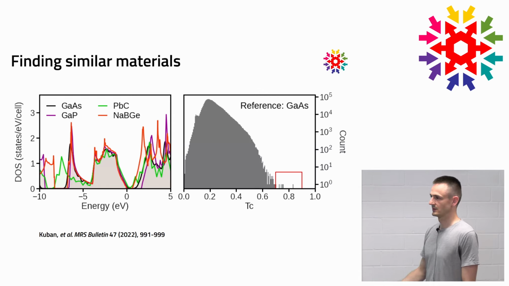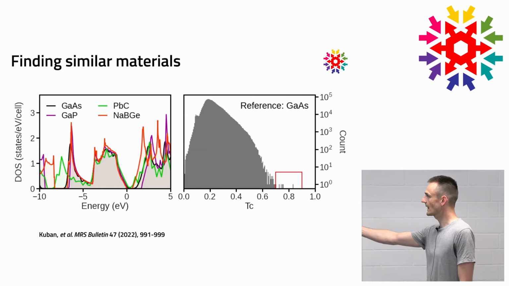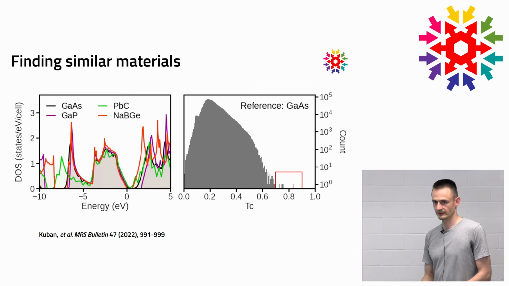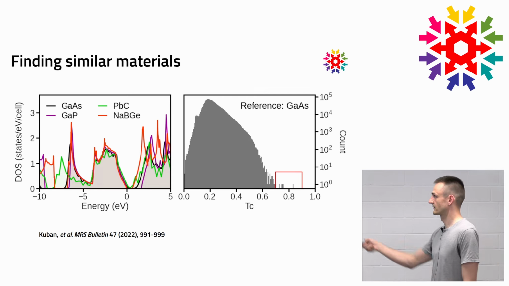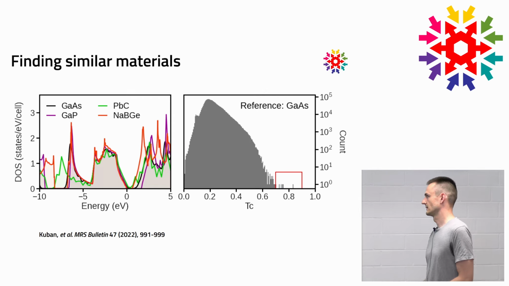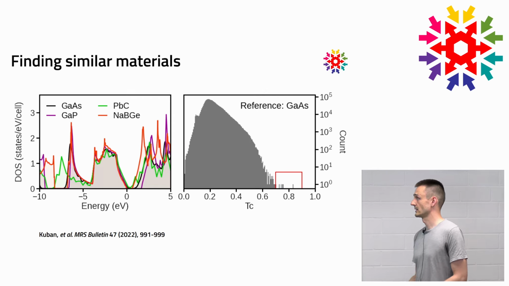You can't really see it because all the other ones are pretty much on top of it. To not much surprise, the most similar material is gallium phosphide, which contains phosphorus as an isoelectronic substitution of arsenic. So it would be expected that the electronic density of states will be similar among these, and here we actually show that this is the case.